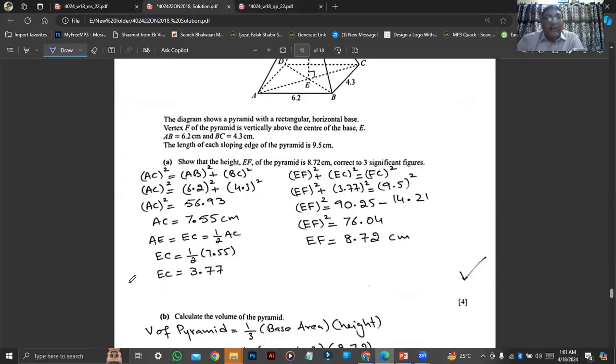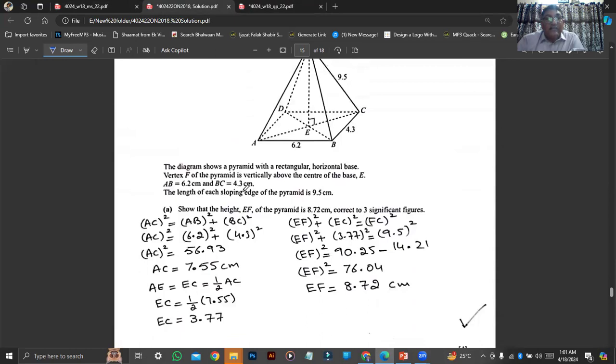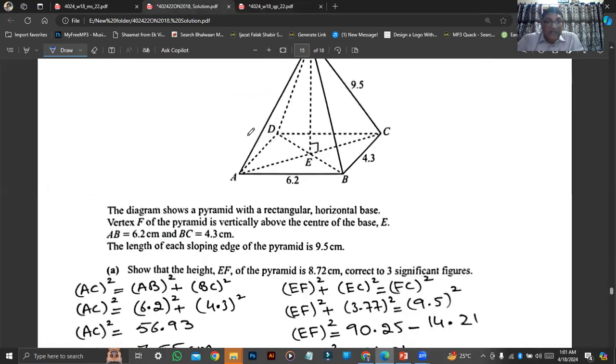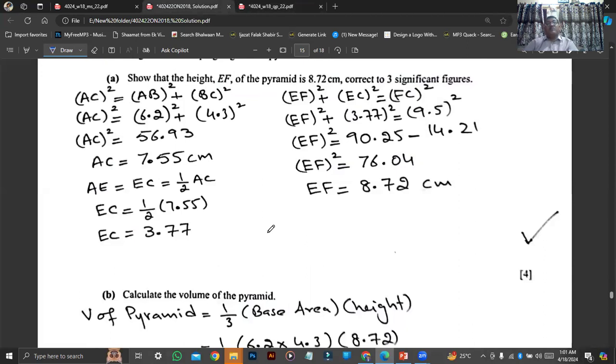First of all, the floor, this ABCD rectangle, I'm going to apply the Pythagoras on the triangle ABC. This angle here at the B is 90, so AC is the hypotenuse. So hypotenuse square is equal to perpendicular square plus base square. AC square is equal to AB square plus BC square.